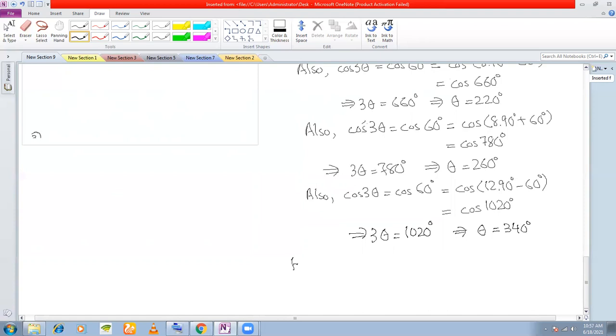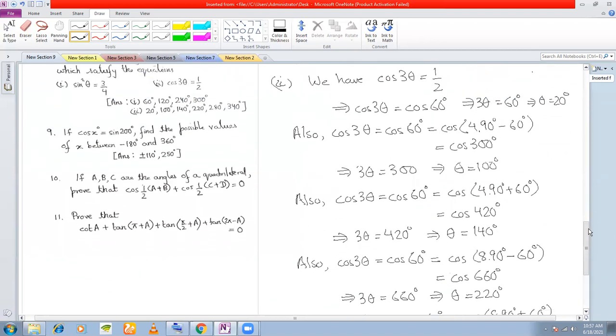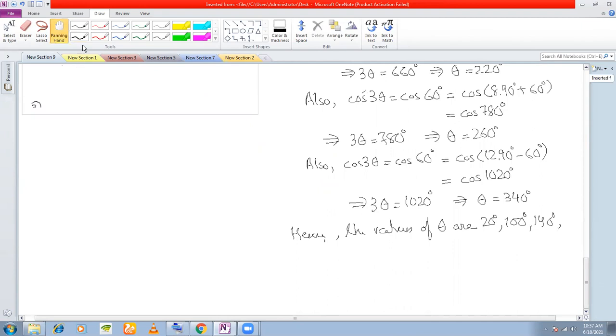Hence, the values of theta are, collect the values together: 20, 100, 140, then you have 220, then you have 260, then you have 340. 6 values you are getting. Fine. So that is how you solve.